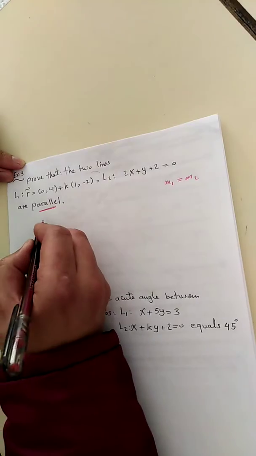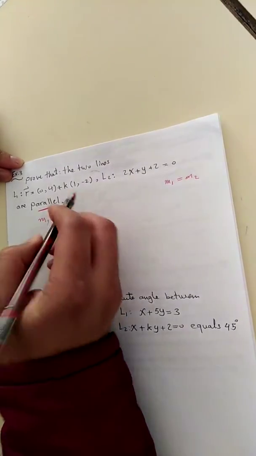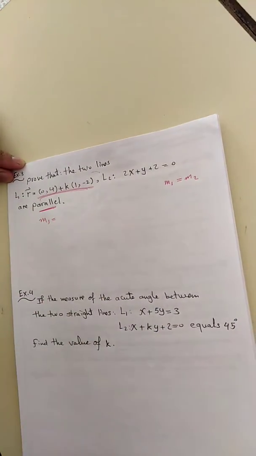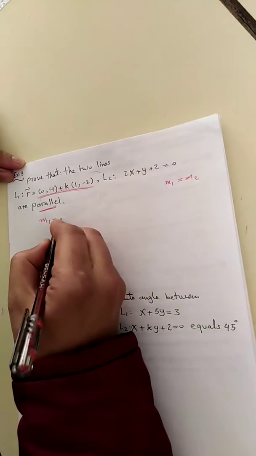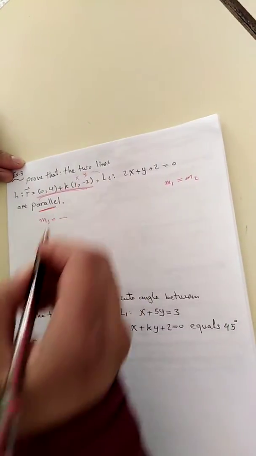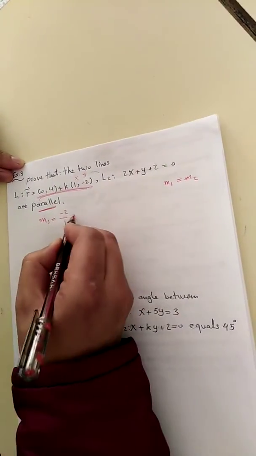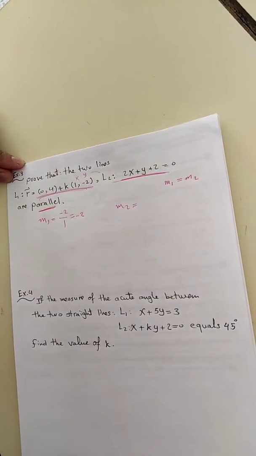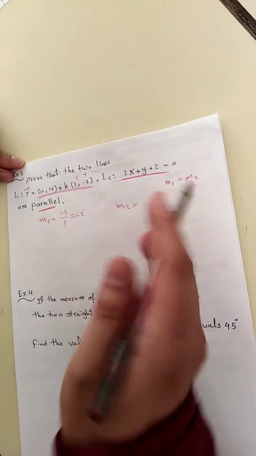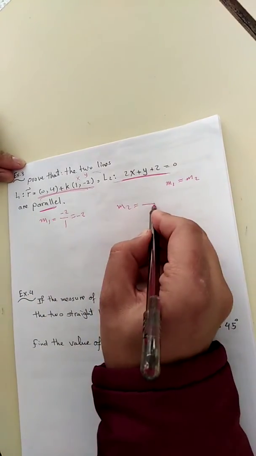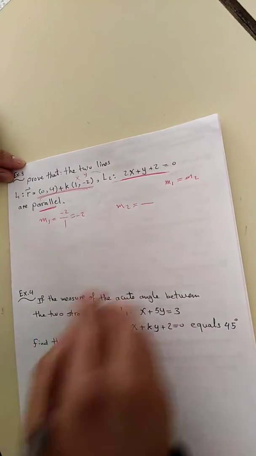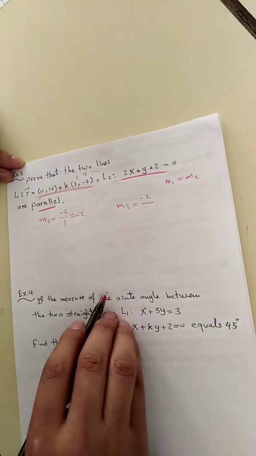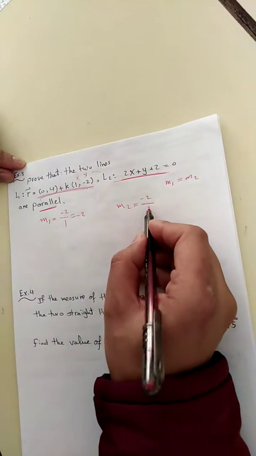The first slope from the first equation, we can write it as y over x: negative 2 over 1, it will be negative 2. And m2 from the second equation, this is the Cartesian form, and x and y are on the same side, hence we will use negative coefficient of x, negative 2, over coefficient of y, 1.